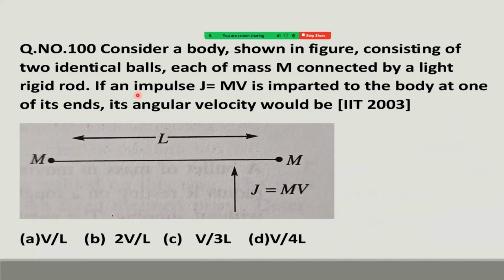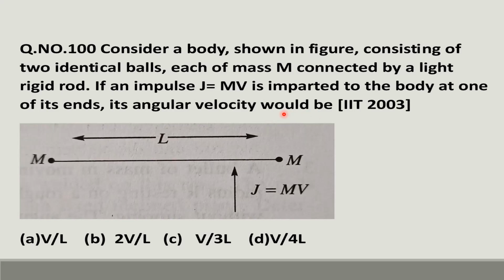An impulse J equal to mv is imparted to the body at one of its ends. Its angular velocity would be. You can see this question is almost same as the previous problem. In previous problem, it was given rod. It is now here light rod having two particles. Okay. So question almost the same.